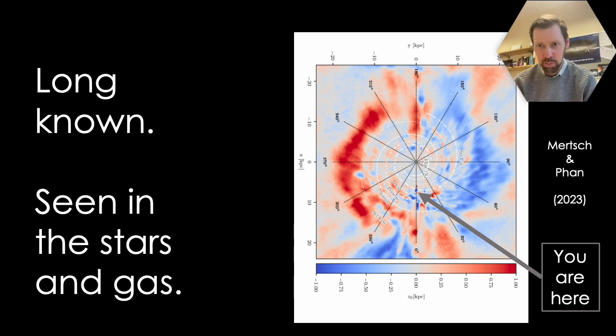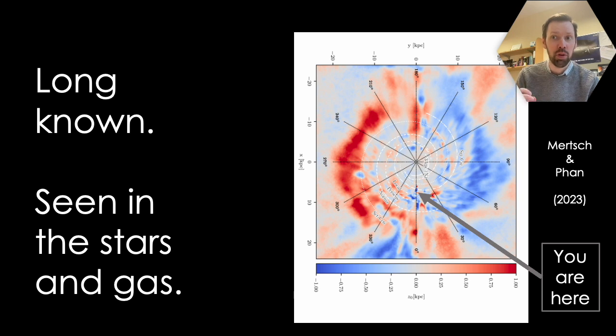With the sun being positioned where that arrow is, we can see that the gas on the left-hand side of this image, which is the direction in which the sun is rotating, as are the stars, as is the gas, on that side the galaxy is warped upwards. On the right-hand side, conversely, the galaxy is warped downwards. So that's the positions of the gas. We would see something very similar in the stars.